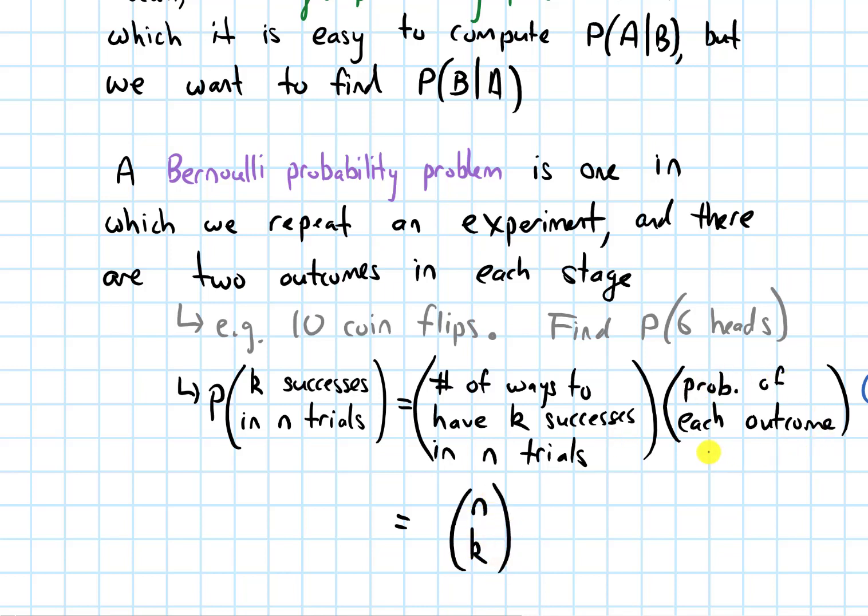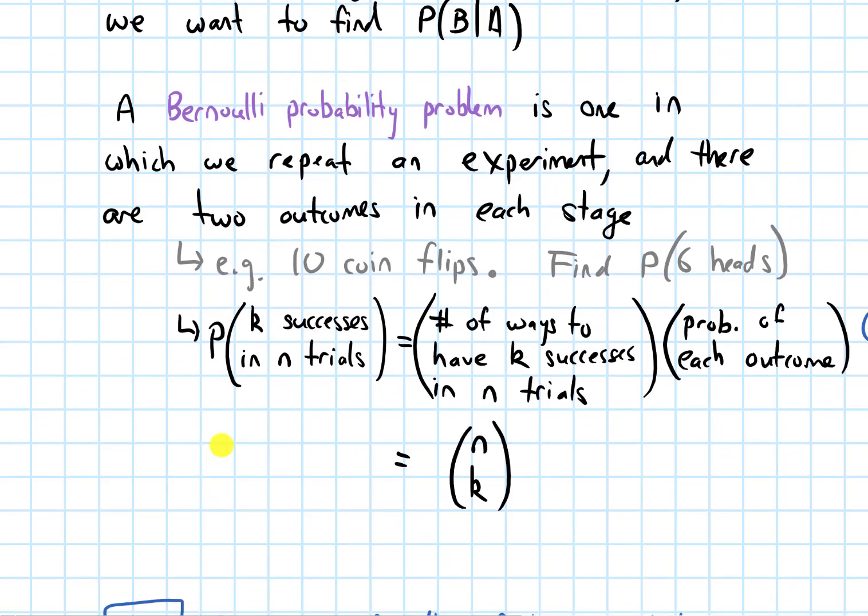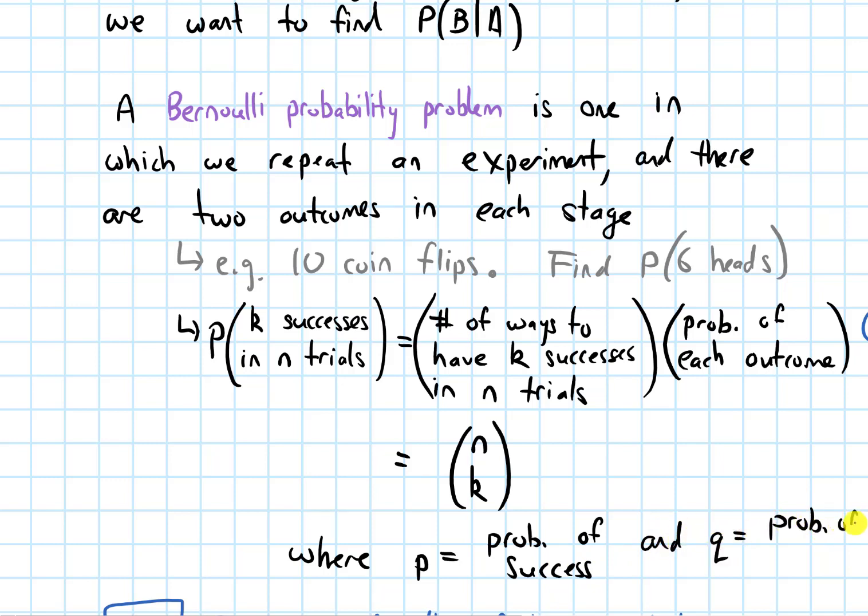And the probability of each outcome, well, let me say that I'm going to let p be the probability of a success, and I'll let q be the probability of a failure. It's convention to label the two outcomes in a Bernoulli trial as a success and a failure.